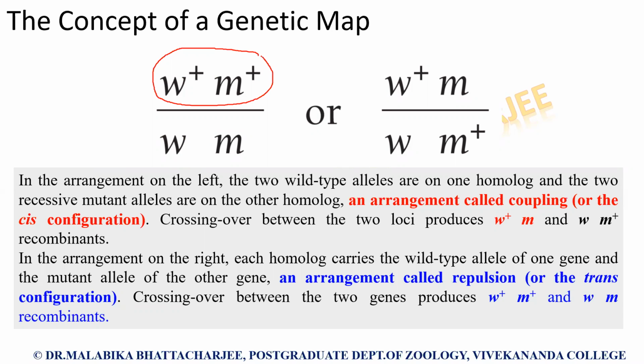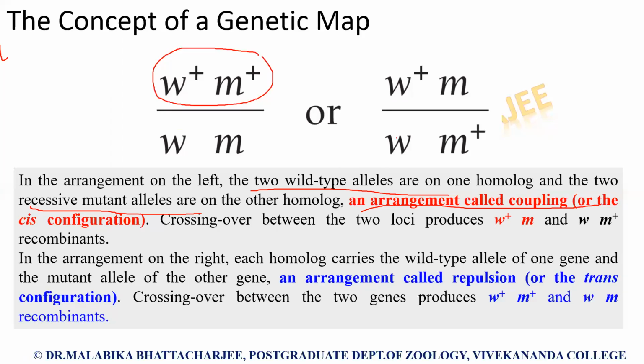Whenever we say a gene is in coupling, you have to assume that both the wild types are in one homologue, and both the mutants are in the other homologue. That's the rule. So whenever we have one set of wild type alleles in one homologue and the other set of mutant alleles in the other homologue, we call this arrangement coupling or cis configuration.